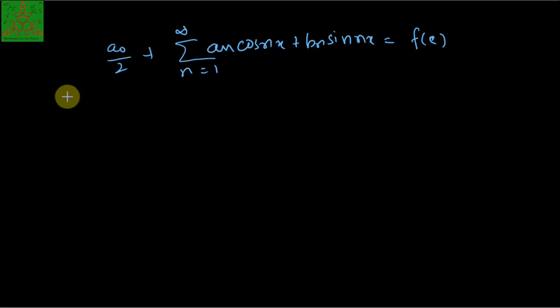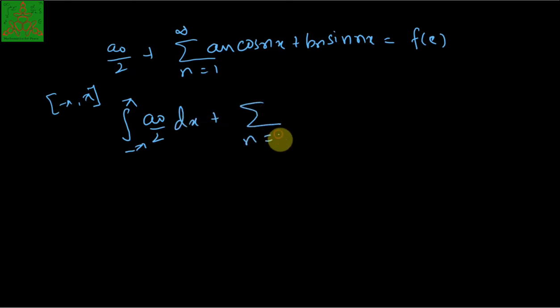Now I am integrating both sides with respect to x over the interval minus pi to pi. So what will we get? We get the integral from minus pi to pi of a0 by 2 dx plus the summation of n running from 1 to infinity of an. Now here I can interchange the summation and the integration sign because of uniform convergence, as discussed in the previous case.